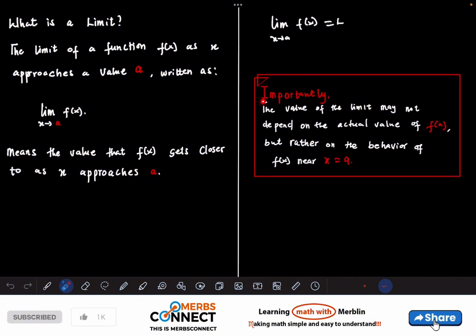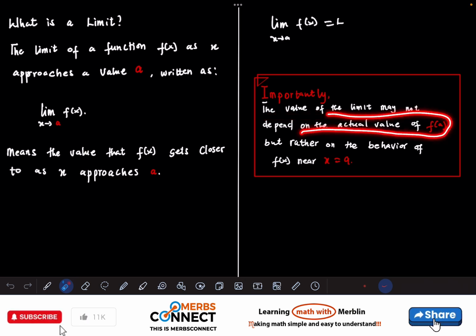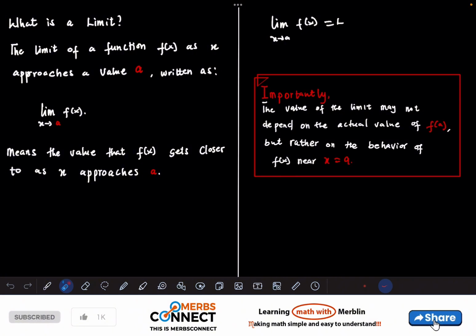The important thing to note is that the value of the limit may not depend on the actual value of f of a, but rather on the behavior of f of x near x equals a. The limit may not depend on f of a.